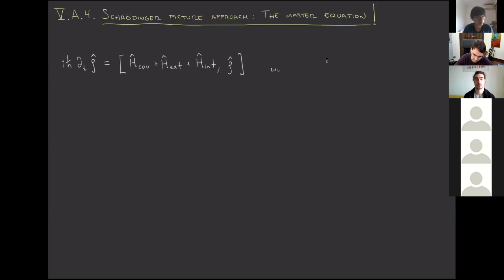And just as a reminder, what are these Hamiltonians? I remind you that the cavity Hamiltonian is just that of a free harmonic oscillator with a frequency omega c, which is one of the cavity resonances, and annihilation and creation operators a and a dagger. Then we have the external Hamiltonian, which in the absence of interaction we already wrote as a sum over external frequencies, and we extended the frequency to minus infinity.